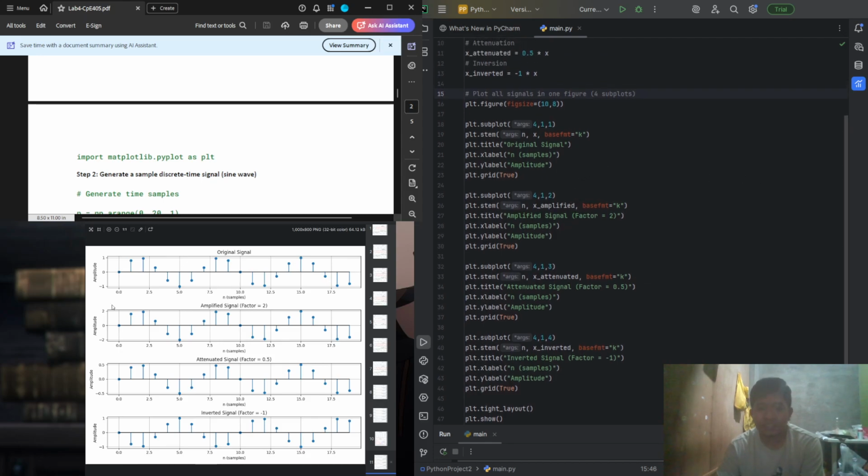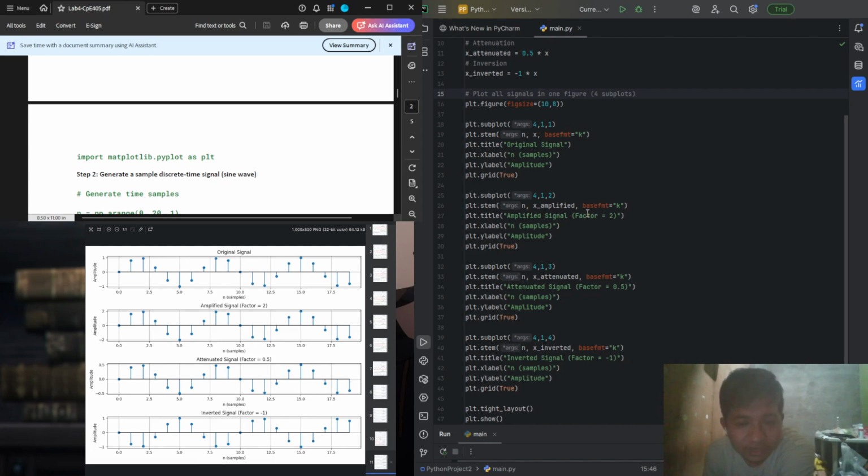As you can see here, the original signal has an amplitude of 1. When we amplify it, the amplitude becomes 2 or negative 2, so the amplitude of the signal doubles. When we attenuate, we decrease the amplitude by the multiplied factor.